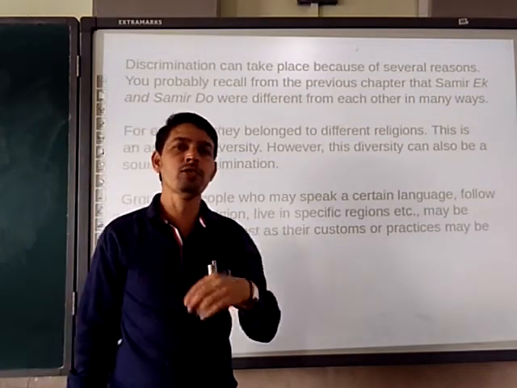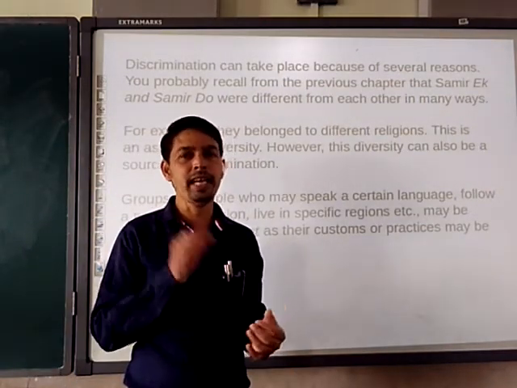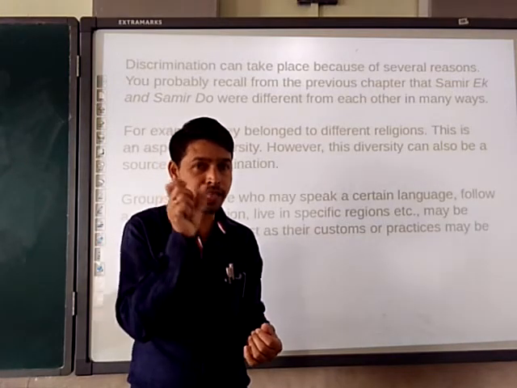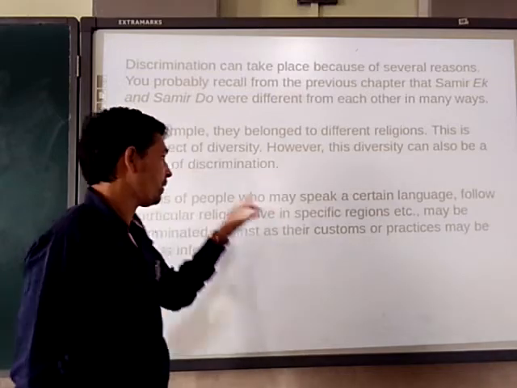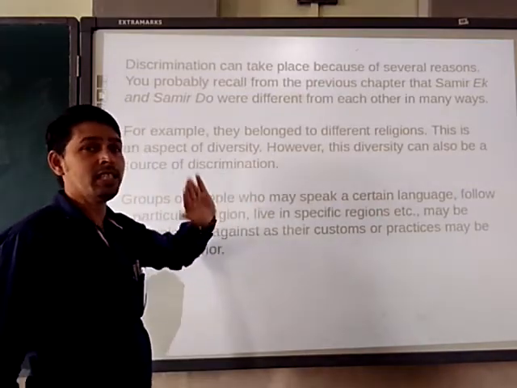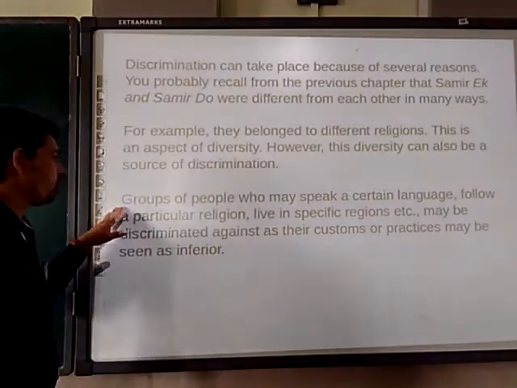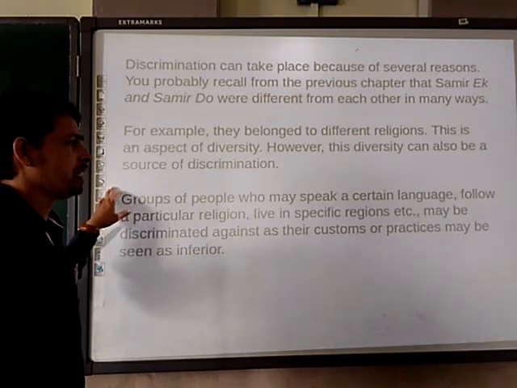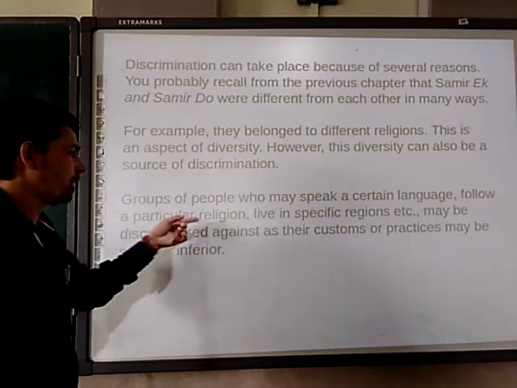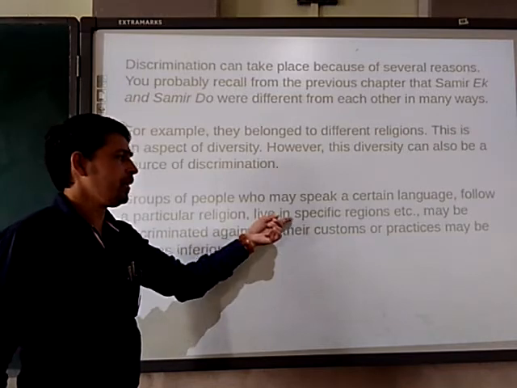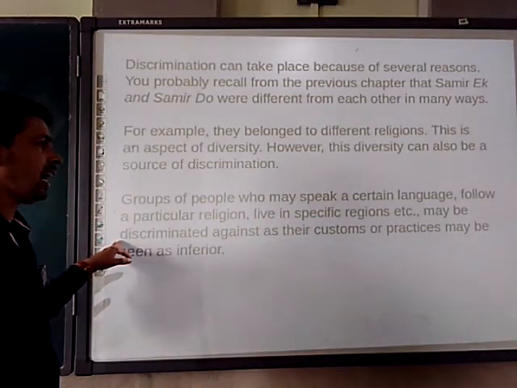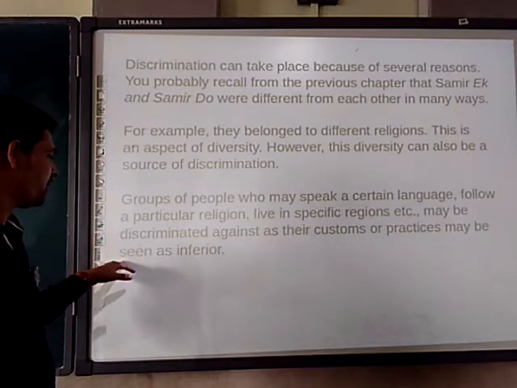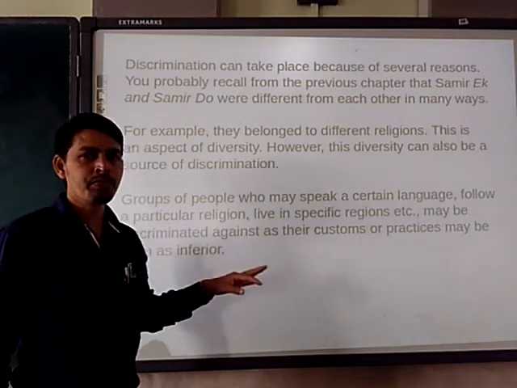Both belonged to different religions, Hindu and Muslim, and religion can be a source of discrimination. People can discriminate against both of them. A group of people who speak a certain language, follow a particular religion, or live in a specific region may be discriminated against as their customs and practices may be seen as inferior.